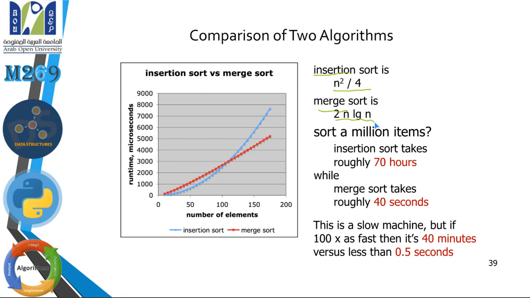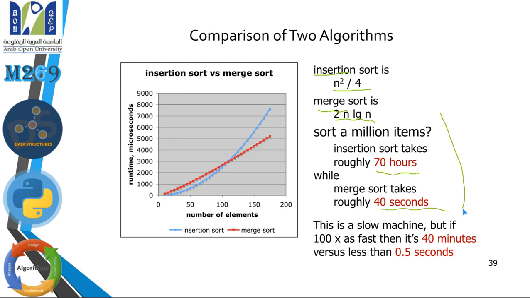If we have 1 million items, the insertion sort will take 70 hours to finish sorting the numbers, but the merge sort will take only 40 seconds. This is actually the result for a very slow machine. Of course, with a faster machine, the numbers will be much less.